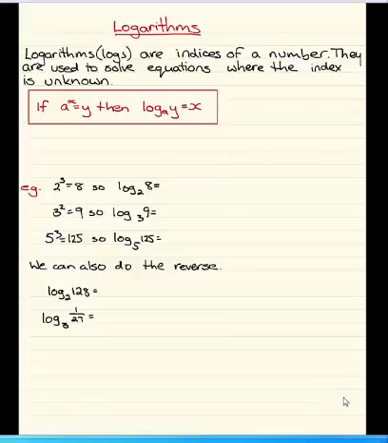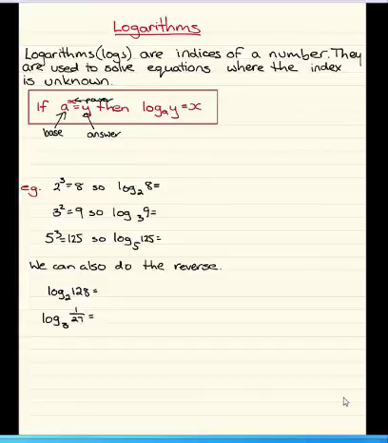Okay, so the definition of a log is given to you here in red. If a to the power of x is equal to y, then log base a of y is equal to x. It sounds really confusing, but what I need you to remember is the terminology. a is your base, x is your power, and y is your answer.